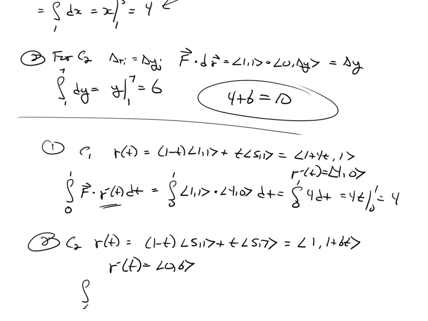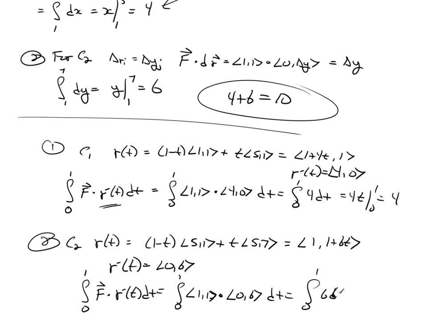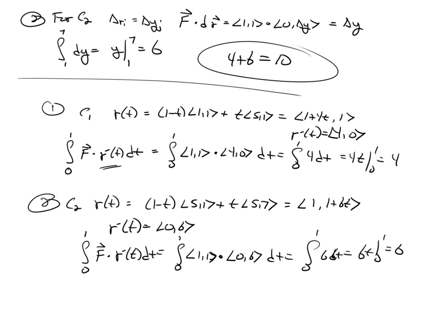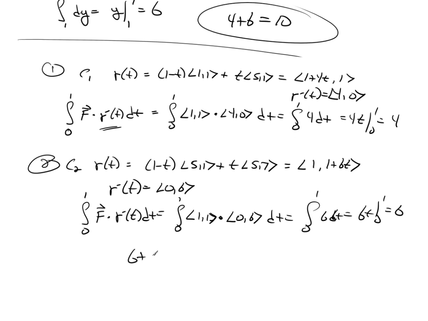So I'm going to take a look at the integral from 0 to 1 of F dot r prime of t dt, which is the integral from 0 to 1 of (1, 1) dot (0, 6) dt, which is the integral from 0 to 1 of 6 dt, which is 6t from 0 to 1, which is 6. And as you expect, again, 6 plus 4 equals 10.